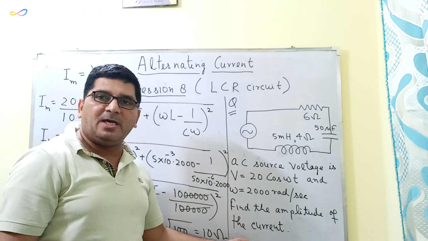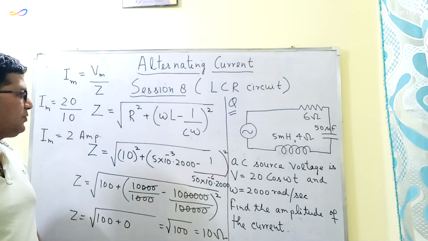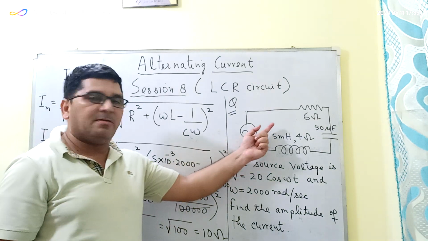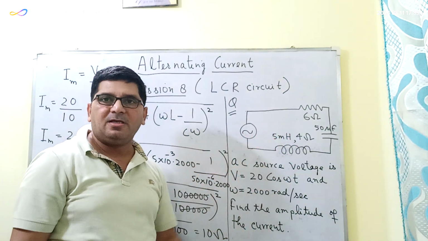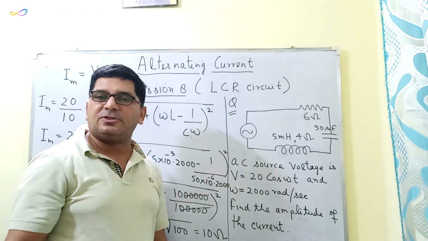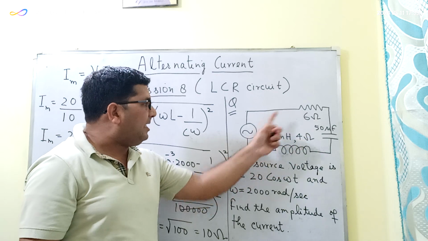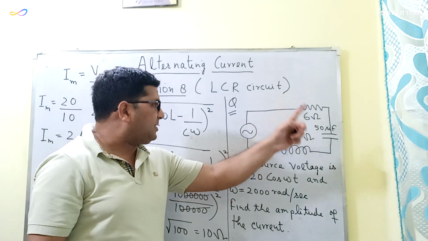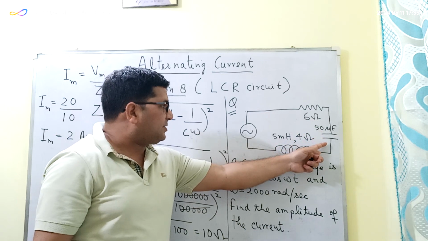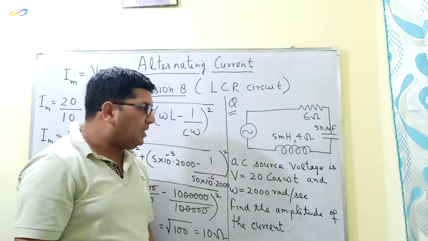So I hope that you have understood the solution of this question. The most important thing here was to find the impedance of this LCR circuit, and impedance is basically the total opposition or the total resistance offered by the elements of this LCR circuit, that is this resistance, this capacitor and this inductor, to the flow of the current in the circuit.